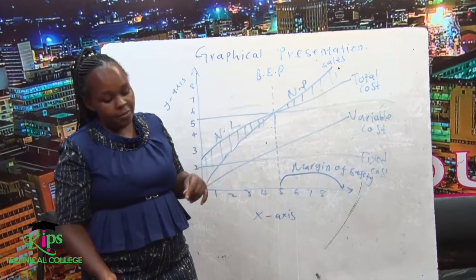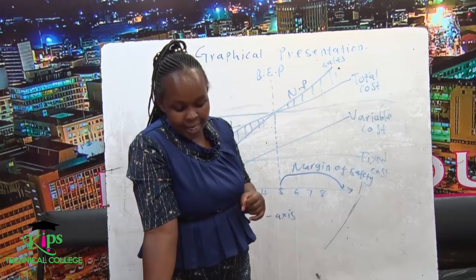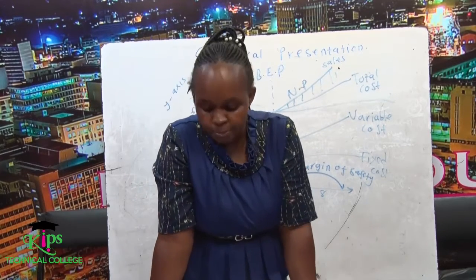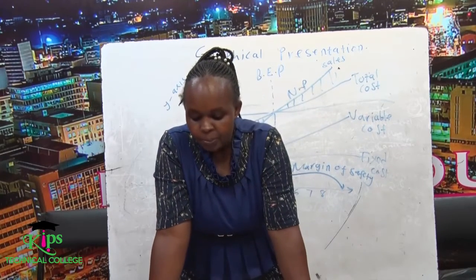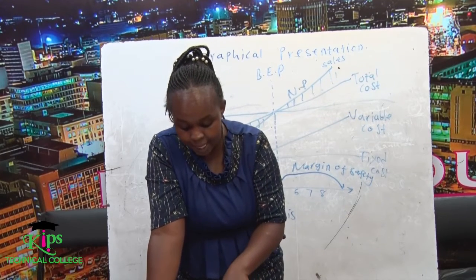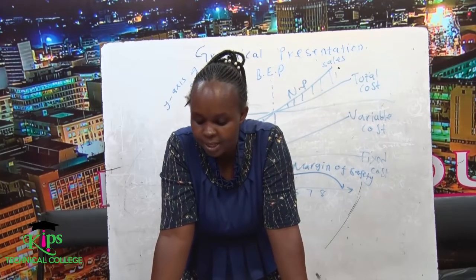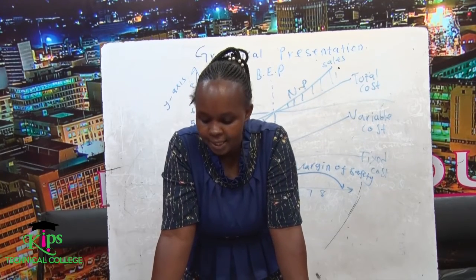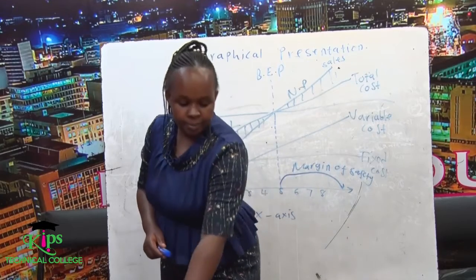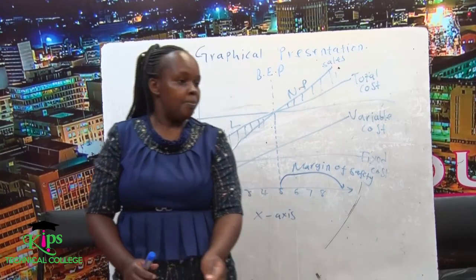If the actual level of activity is 80,000 units and the break-even point lies at 30,000 units, therefore the margin of safety will be the actual level of activity minus the break-even point, which is 80,000 units minus 30,000 units, you get 50,000 units. Now, in our next lesson, we look at tabular presentation.